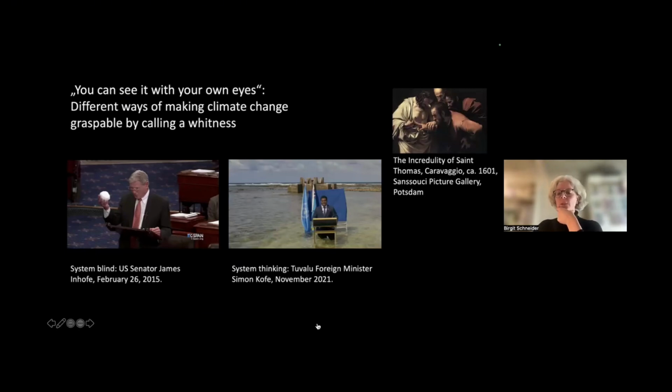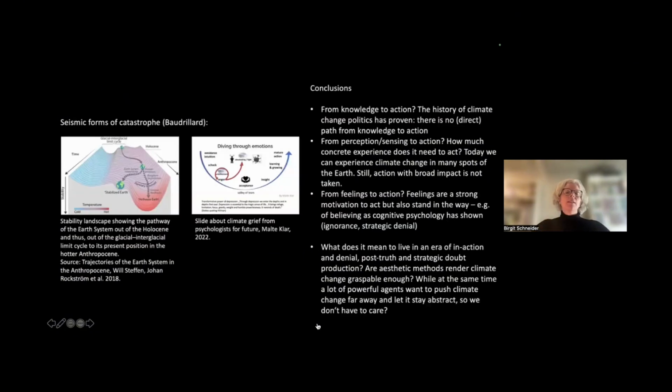I won't go into this example now because I'm running out of time, but I would like to come to my conclusion. From knowledge to action has for a long time been something people followed during the last decades in order to understand politics, and climate research is, of course, very important to understand climate change.